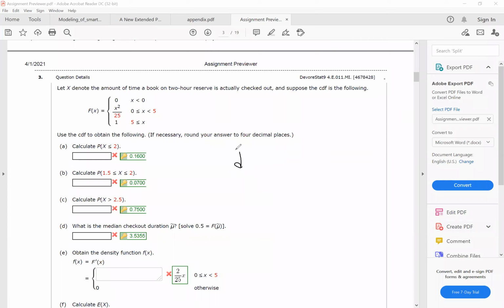Part D is, what is the median checkout duration? So we have to find the mu tilde. That means we have to find the median. For the median, we know that on the left side of the median, the probability is 0.5, right? If mu tilde is the median value, then on the left side of mu tilde, the probability is 0.5.